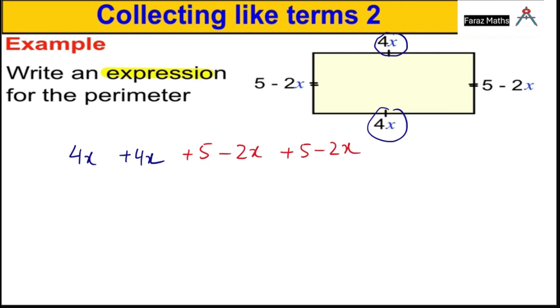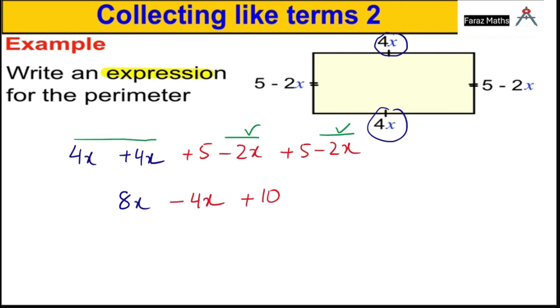If we add them, 4x plus 4x, these two are like terms, and the minus 2x terms are also like terms to each other. So 4x plus 4x is 8x. So you can just simply write 8x there, and then minus 2x minus 2x is minus 4x, and plus 5 plus 5, that is plus 10.